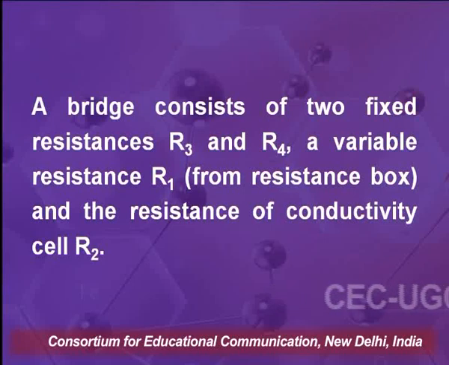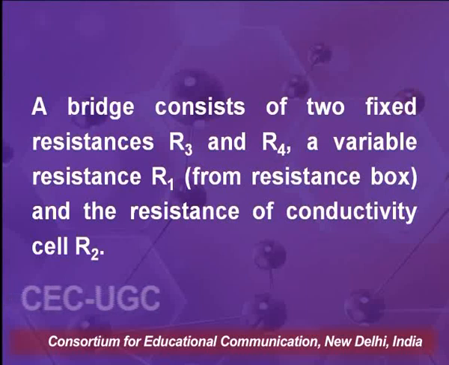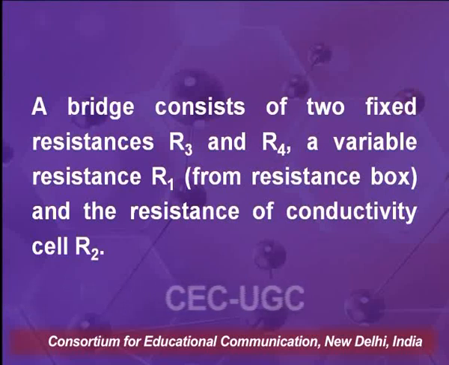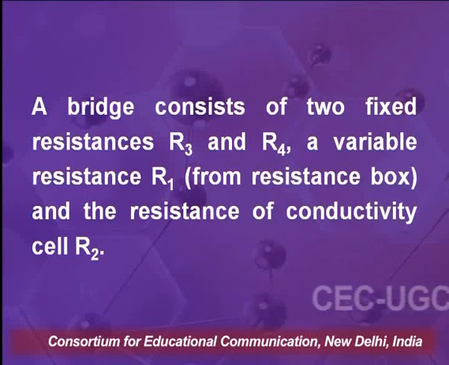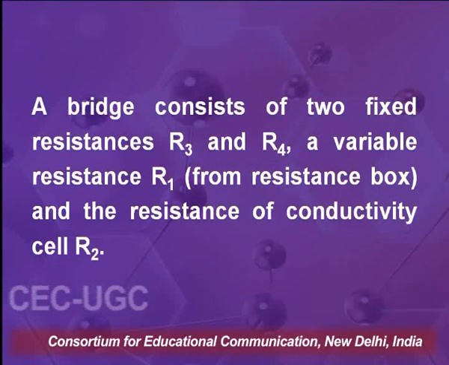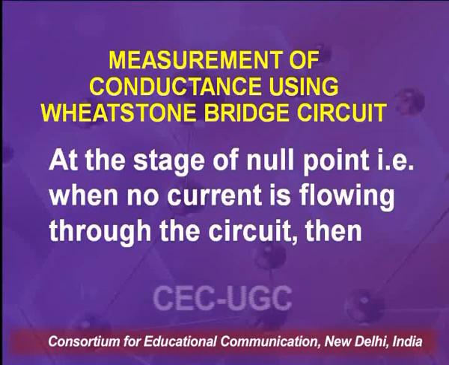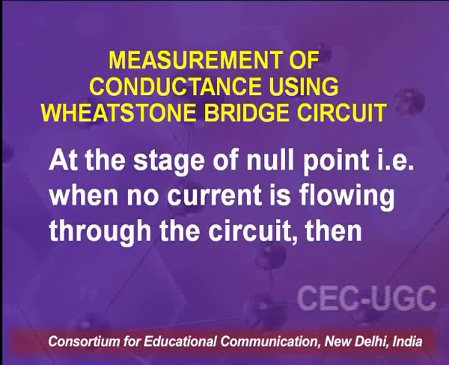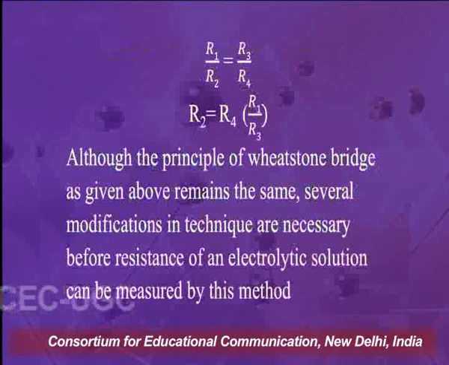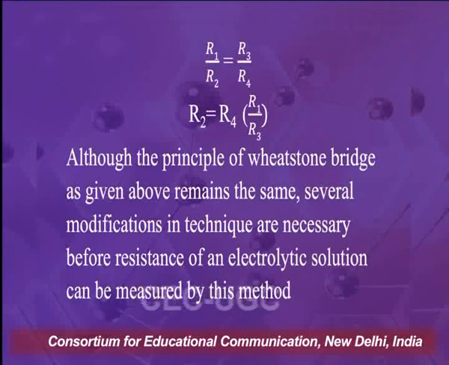A Wheatstone bridge consists of two fixed resistances R3 and R4, a variable resistance R1 from the resistance box and the resistance of conductivity cell R2. At the stage of null point, that is when no current is flowing through the circuit, then R1 by R2 is equal to R3 by R4. R2 becomes equal to R4 R1 by R3.